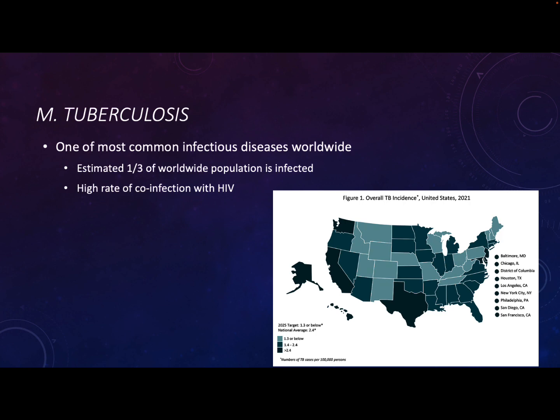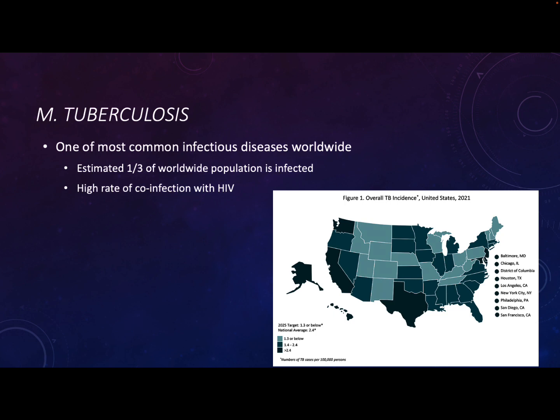So this is the most recent data that the CDC has from 2021. They list all of the states and then some of the major cities. The darker the state or city is colored, the higher the incidence of infection. So those of you who might be interested in public health, incidence of infection is important.